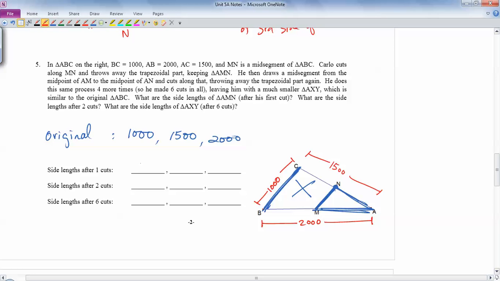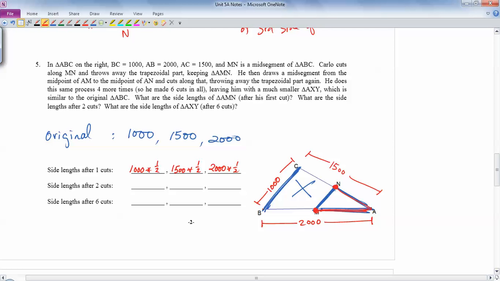And I realize you can write 500, but I'm going to write it like this: 1,000 times 1/2. And then the 1,500, since N's the midpoint, AN is going to be half of 1,500, which is 750, but I'm going to write 1,500 times 1/2. And then there's the 2,000 that gets cut in half because M's the midpoint. So this side is just half of that, which is 1,000, or 2,000 times 1/2.